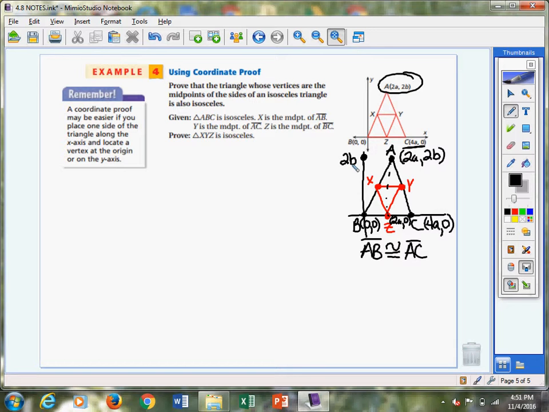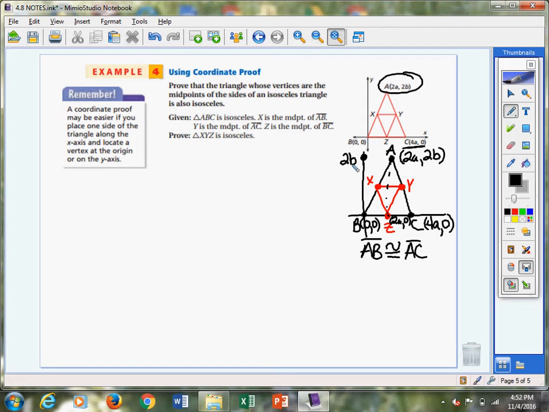So that's what we're going to use. We're going to call point A 2A, 2B, point B is 0, 0 at the origin, point C is 4A, 0, and then we're going to go through the rest of it little by little.